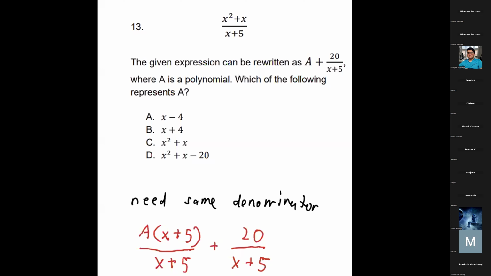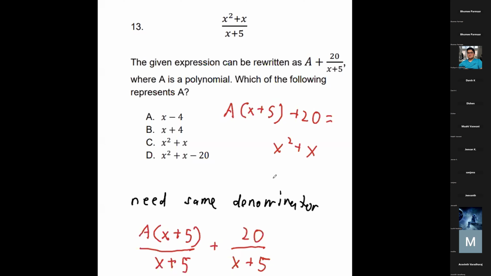And so what we need to do is that when we add them, we need it to equal this. So a times x plus 5 plus 20 has to equal x squared plus x, because that's what we're supposed to get.